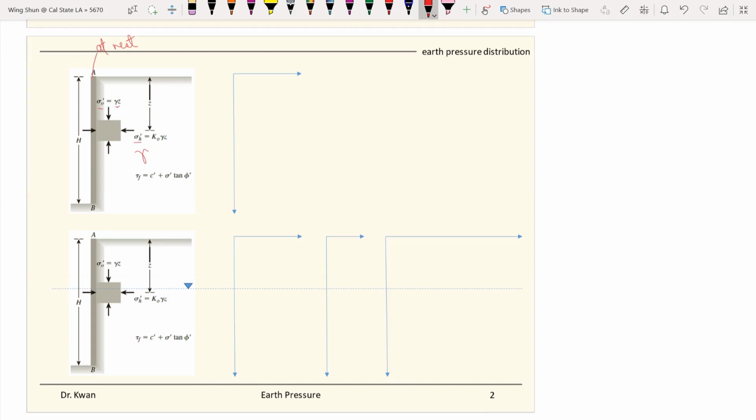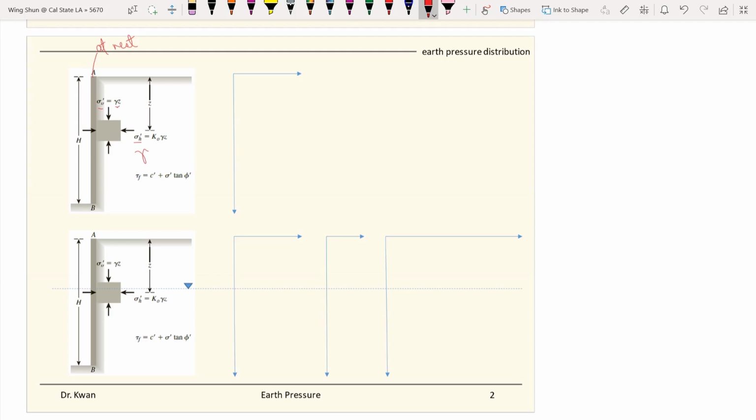This is something we should know by heart now: the vertical stress is the unit weight of the soil times the depth Z. So at different depths or locations behind the wall, you will find the horizontal stress.